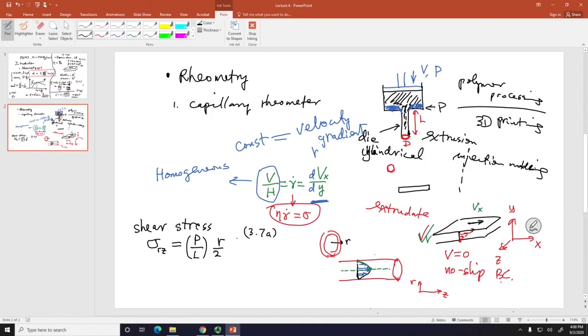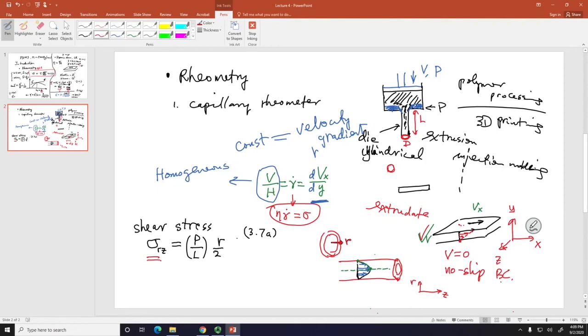As you describe your sheared surface, like the surface I depicted here, each of those surfaces is a cylinder, a concentric cylinder. There are many cylinders of different diameters, and at a cylinder of radius r, the stress will be proportional to r.